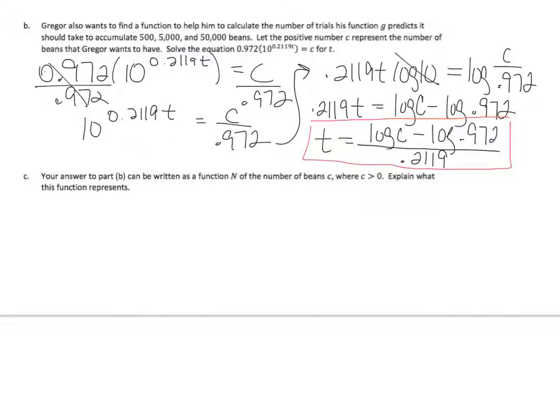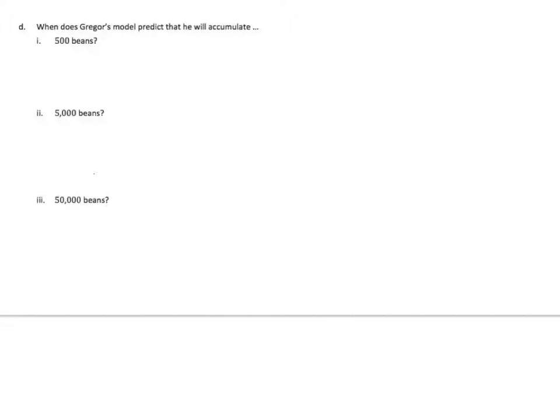the number of beans C. So n of C equals log of C minus log of 0.972 all over 0.2119. That calculates the number of trials it'll take for Gregor to accumulate C beans. So write that down. We're going to need that in the next slide. All right, so we're going to use that equation to calculate n of 500, n of 5,000, n of 50,000.